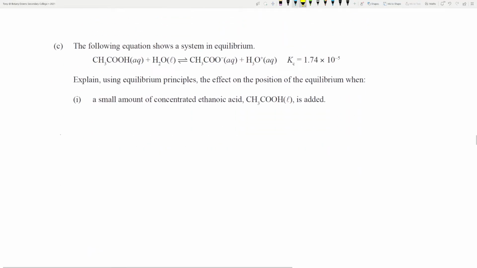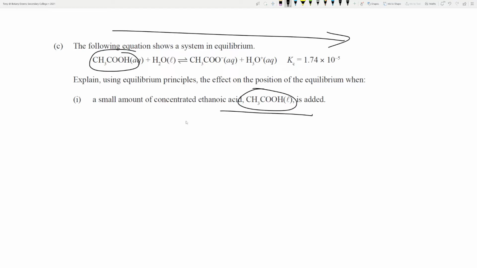Next one. This is at equilibrium. What happens when you add a small concentration of CH3COOH? Le Chatelier's principle states that when you make a change, the system wants to minimize the change. If you increase the concentration of CH3COOH, it will shift to the right to use up some of the added CH3COOH.